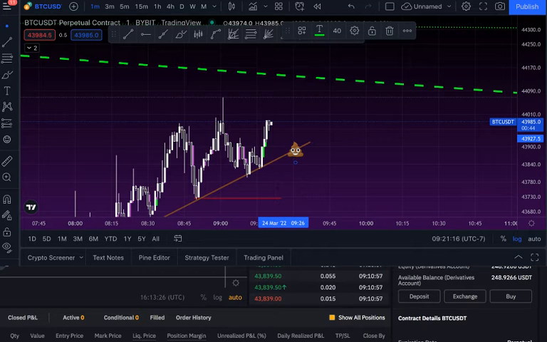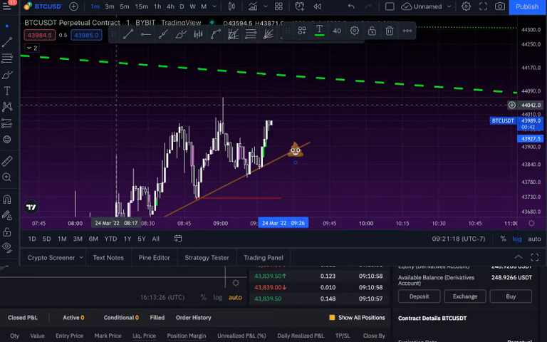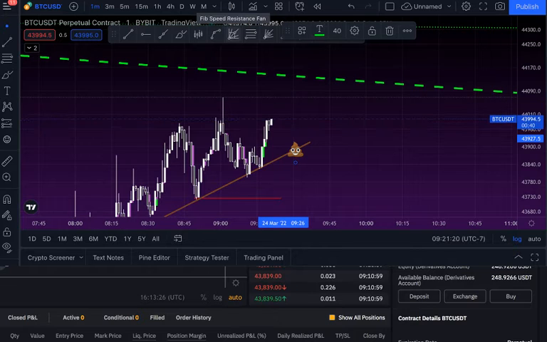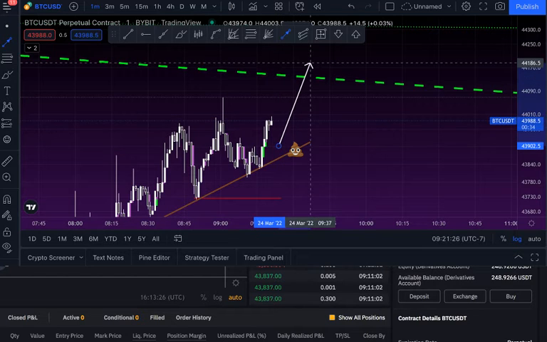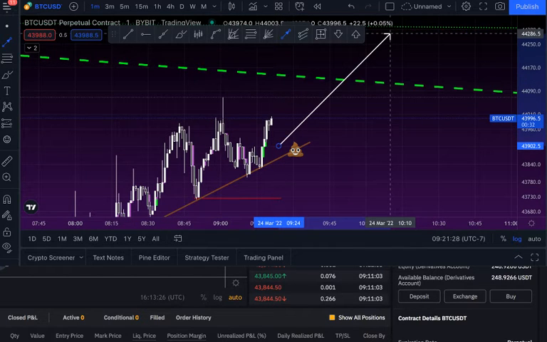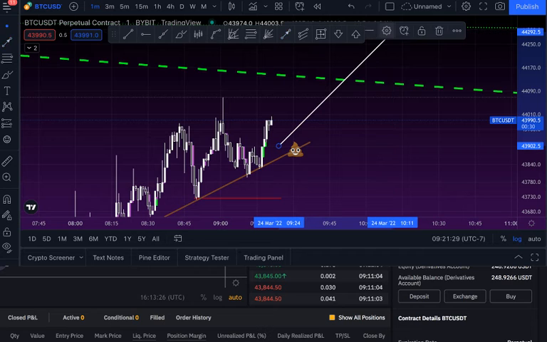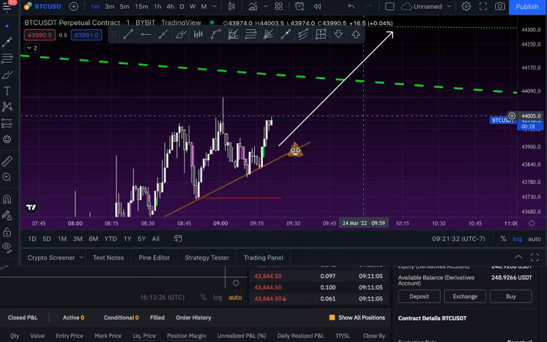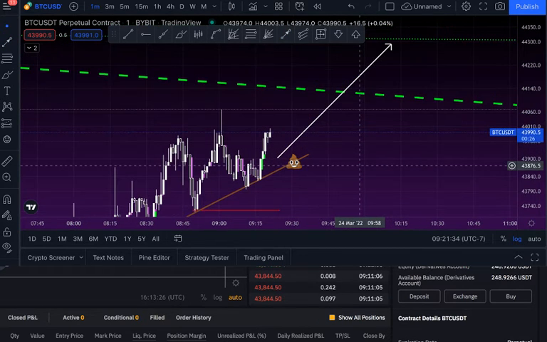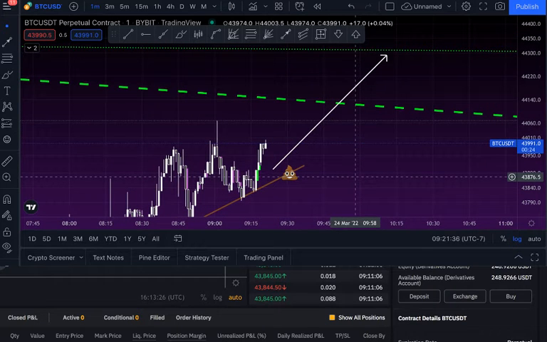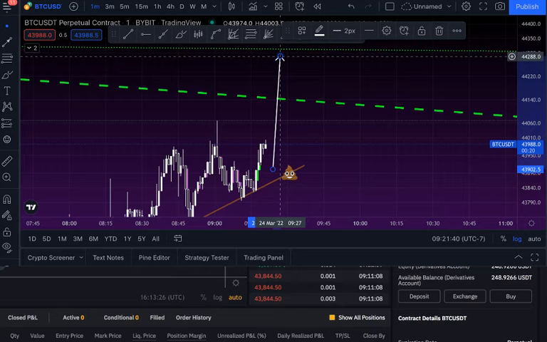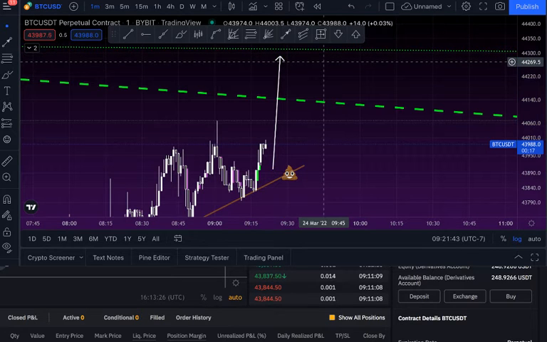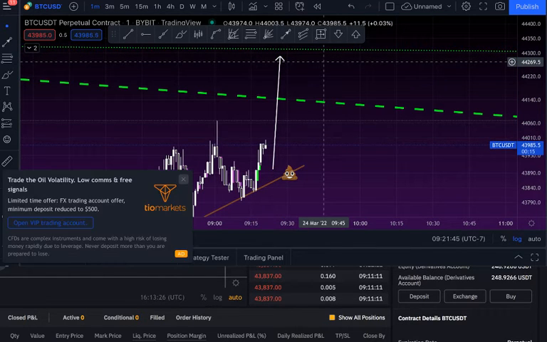So we'll see if we get an entry here. Trying to get an entry here and play it up to here. Mind you, we want a faster move, like something like this. That would be ideal. So we'll see if we get it.